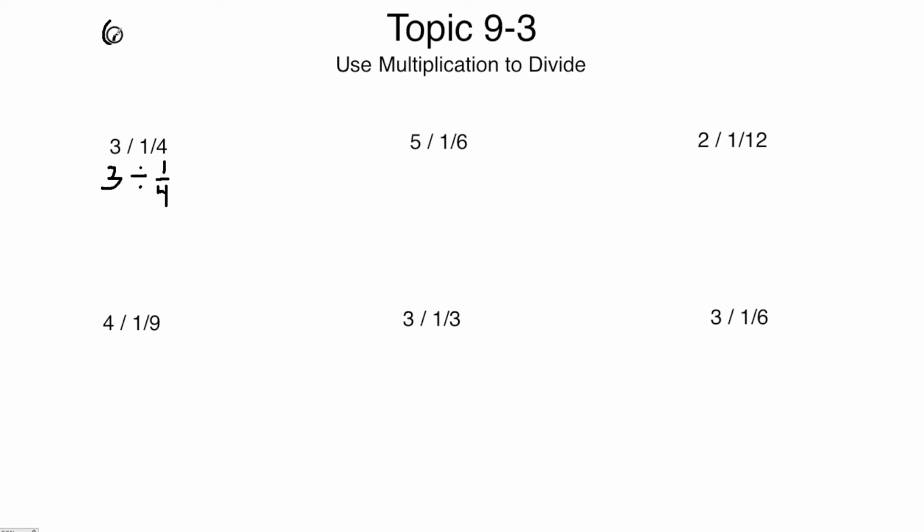Always use the golden rule. First thing, automatically, change all whole numbers and or mixed numbers into improper fractions. Well, here we have a whole number. So, let's make it a whole number.